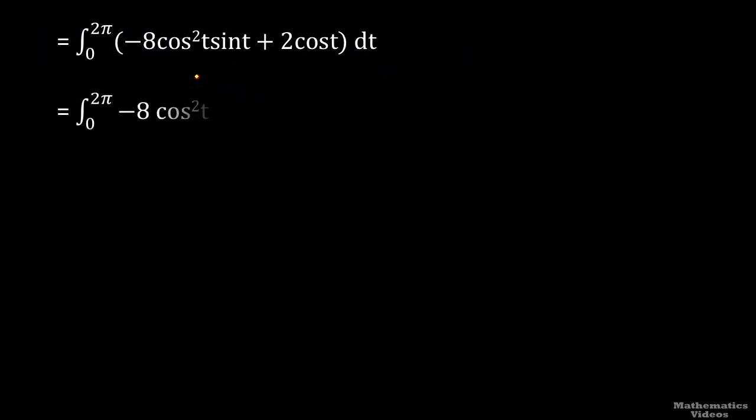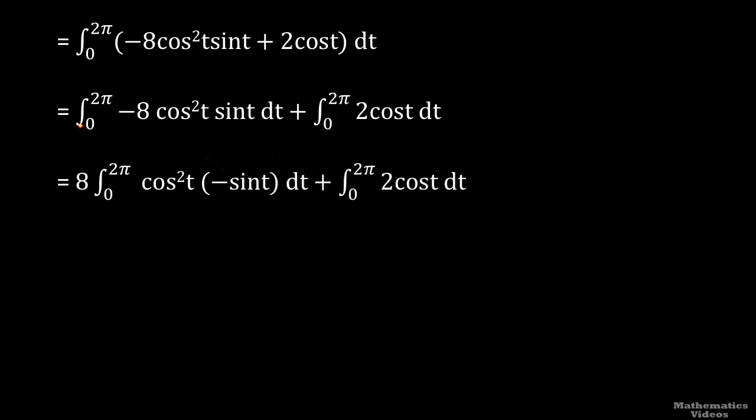Now we will apply the linearity principle of integration, that is, we will separate out the integral over the sum so that we have this result. And now we will write the first integral in this way. The constant has been taken outside the integral, and minus is used with sin t, because the derivative of cos t is equal to minus sin t, and we want to use the power rule of integration on this term cos square t.